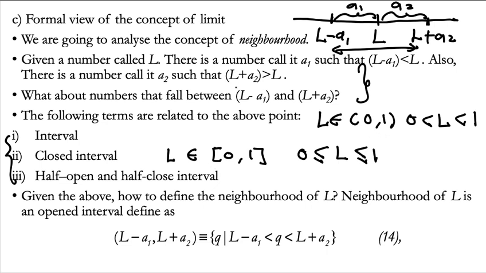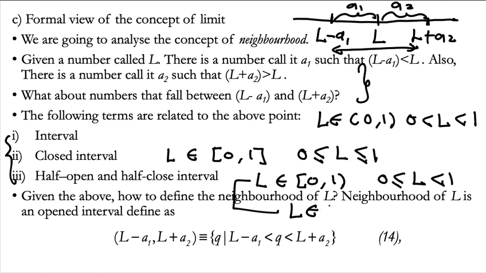What if we have a half open or half closed interval? Let me write it here. Let's say L is between 0 and 1. That means L is greater than or equal to 0, less than 1, isn't it? In this case, I can also rewrite this as this.